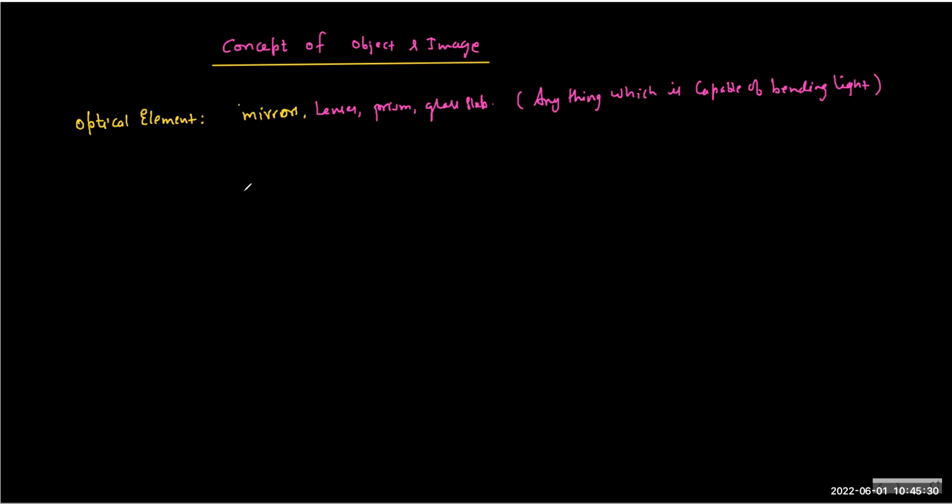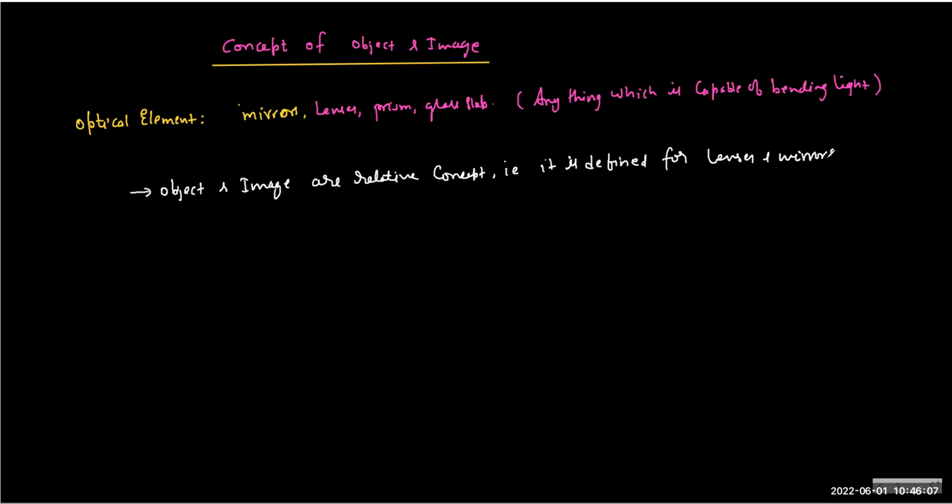So the object and image concept is a relative concept, not an absolute concept. So we'll see through an example and we'll try to understand the concept of object and image.